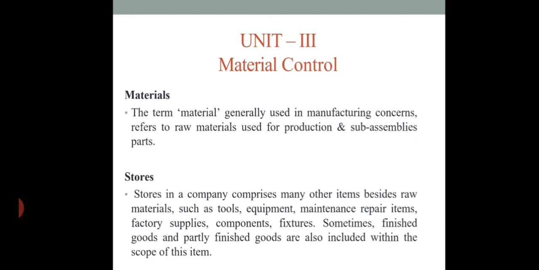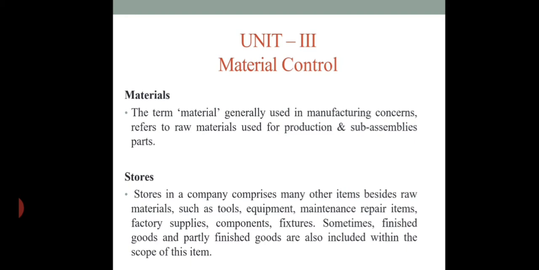Okay, what is material? Material is the first and most important element of the cost. Material means any commodity which is processed in a factory in order to convert it into finished product.